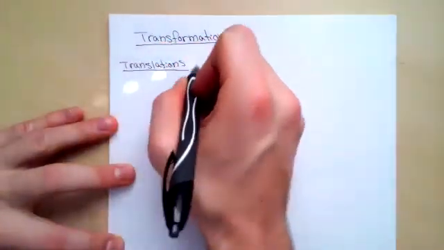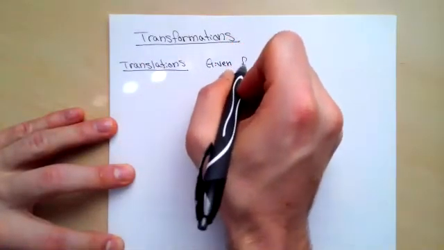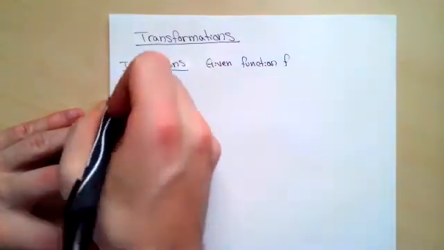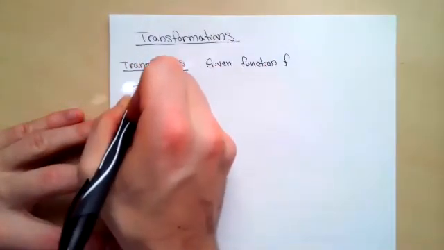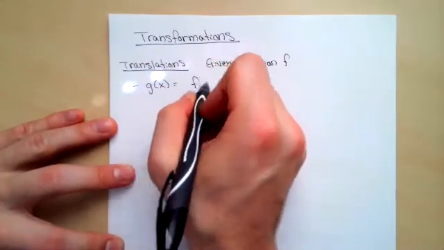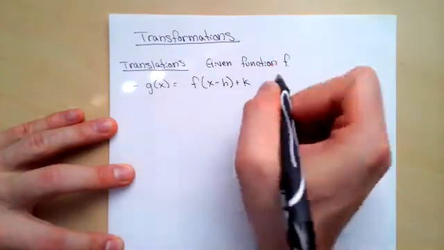So in all these, we're given some function. And to build new functions out of this, translations are going to look like this.